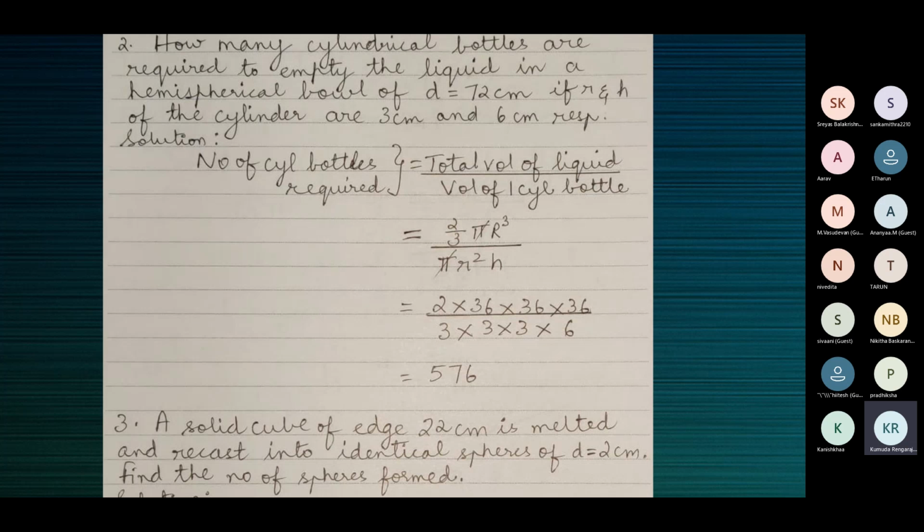R and r will not get cancelled because the radius of the hemisphere is different from the radius of the cylinder. Just because they have the same letter, you cannot cancel them. R in the numerator is 36. R in the denominator is 3. How can you simply take away 36 and 3?